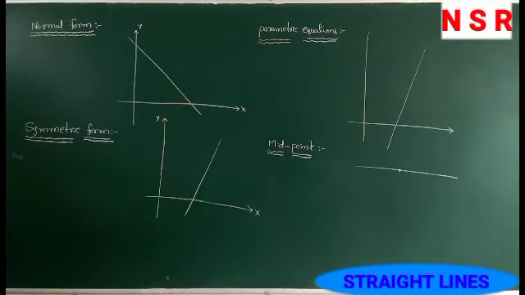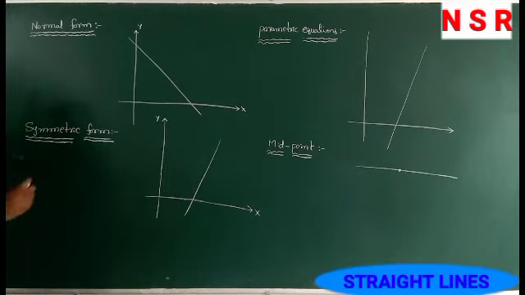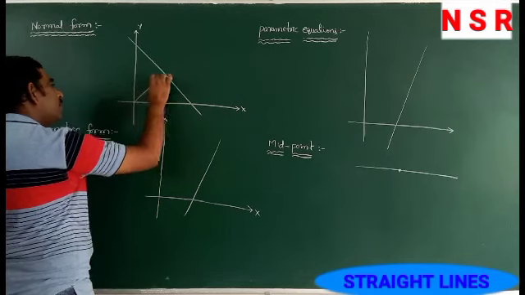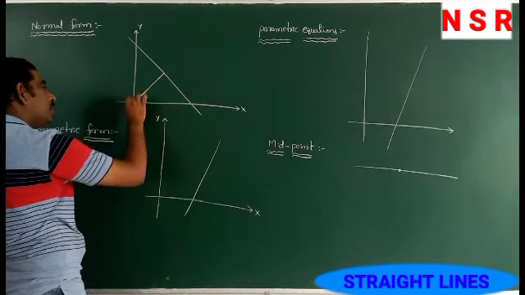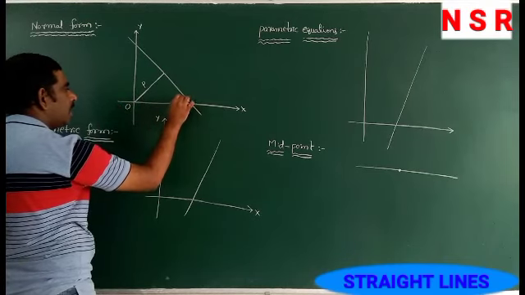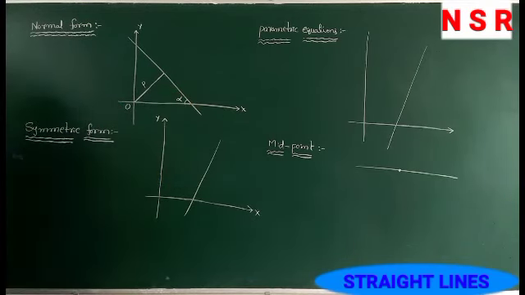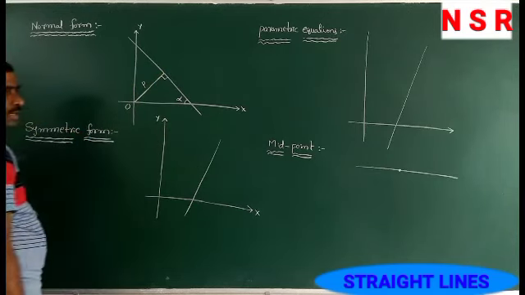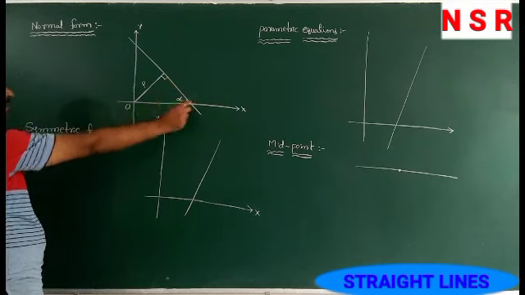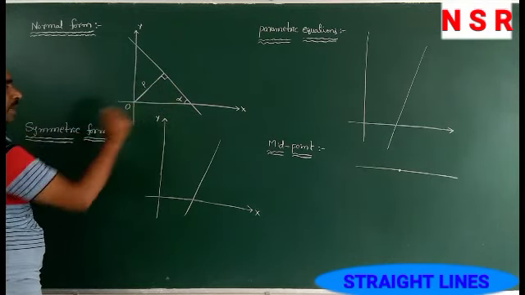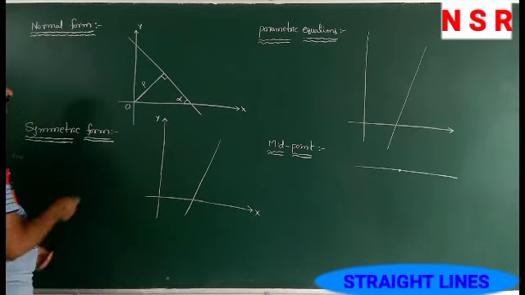Next we have different forms of straight lines. The next one is normal form. So what is normal form? A line having perpendicular distance p from the origin, and this line makes angle alpha with the x axis.